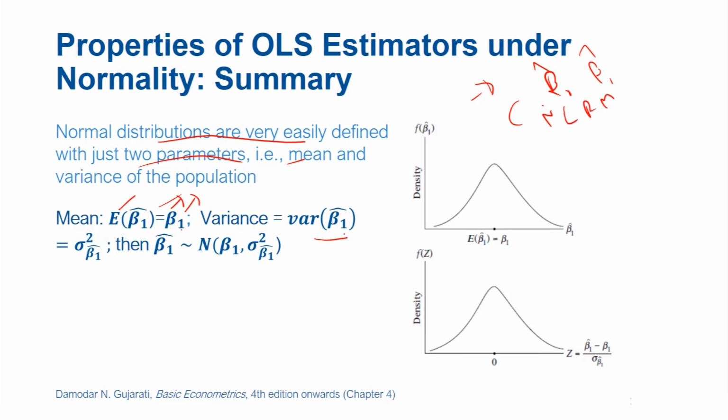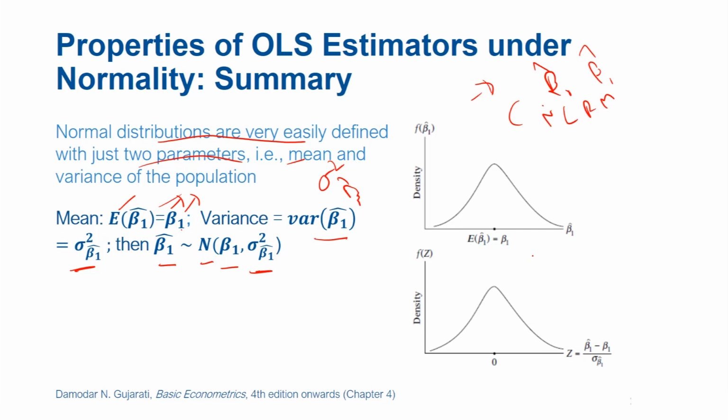Its variance is the variance of beta 1 hat, which we called sigma square beta 1 hat. And therefore we said that beta 1 hat is normally distributed with a mean of beta 1 and a variance of sigma square beta 1 hat.